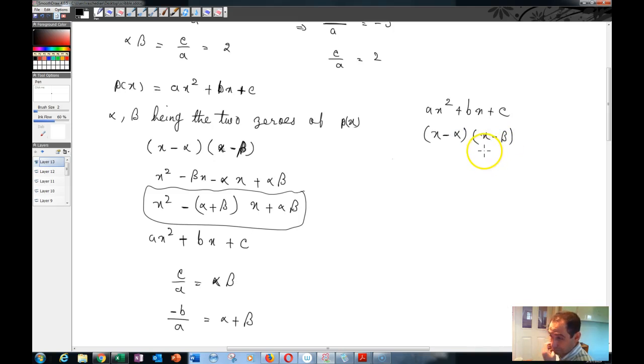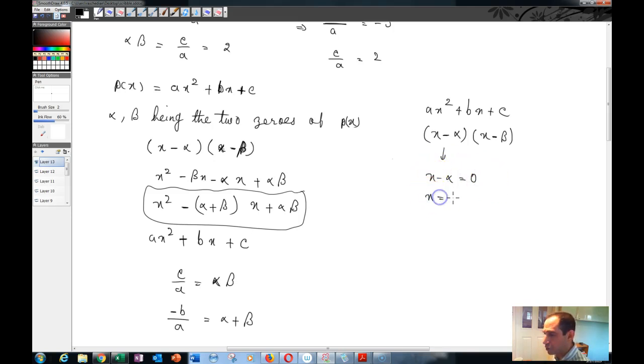And of course, you know that the factor has to be in the form x minus alpha, because when you equate that to 0 and solve that equation, that has to give you your actual root or your actual 0.